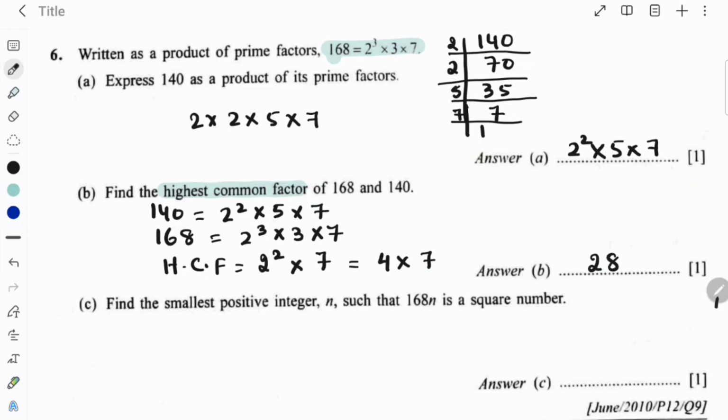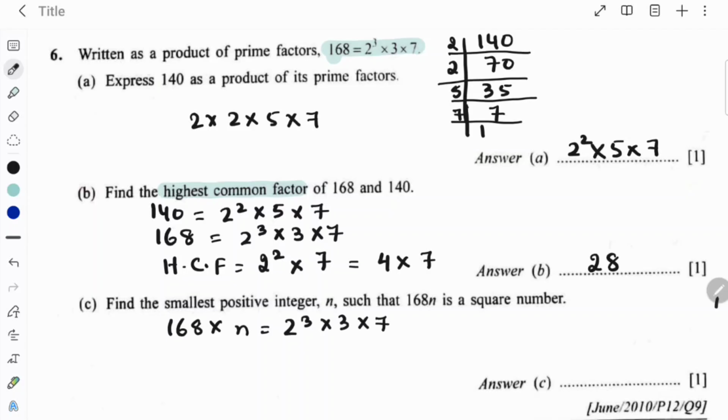The next question: find the smallest possible integer n such that 168n is a square number. Whenever you have even powers, then it's a square number. 168 times n, we have to find a number which will multiply with 168 and give a square number. 168 is 2 cubed into 3 into 7.